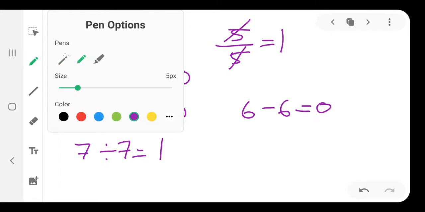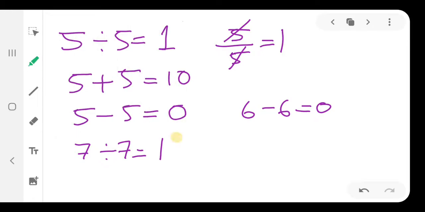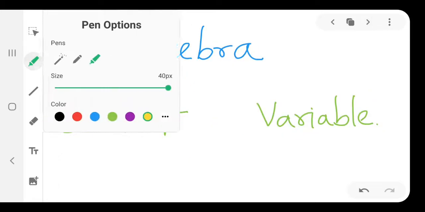So these two things will be very important for you. What are these two things? One, this division. Another one is this kind of subtraction. And these two things we will be needing later on. Okay, so let us start with algebra.